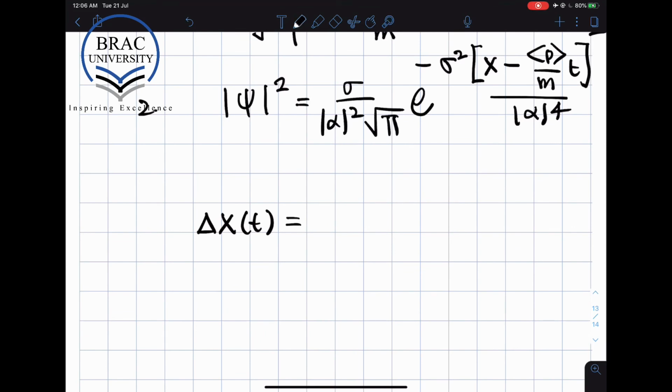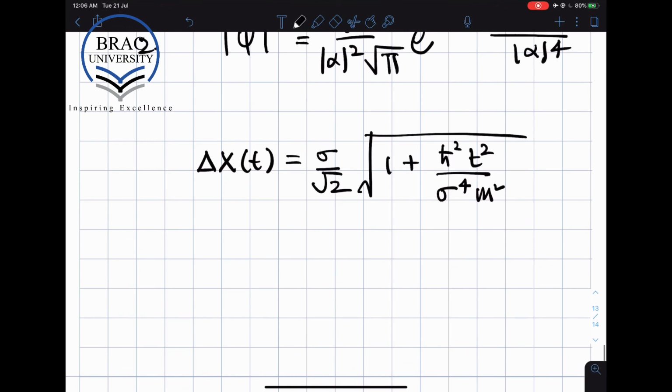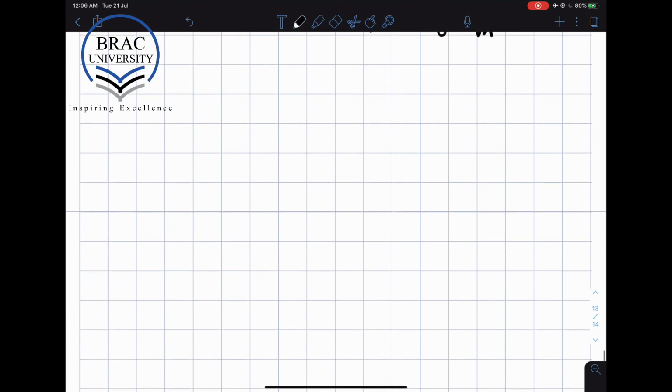And that can be computed to show it's sigma by 2 times the square root of 1 plus h bar squared t squared by sigma to the power 4 m squared. So we see that the spread of the wave function, the spread of the probability, depends on time.